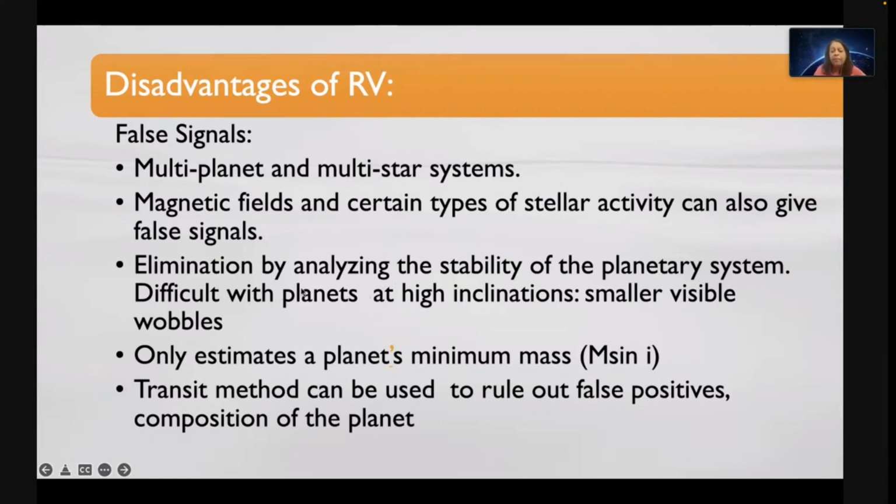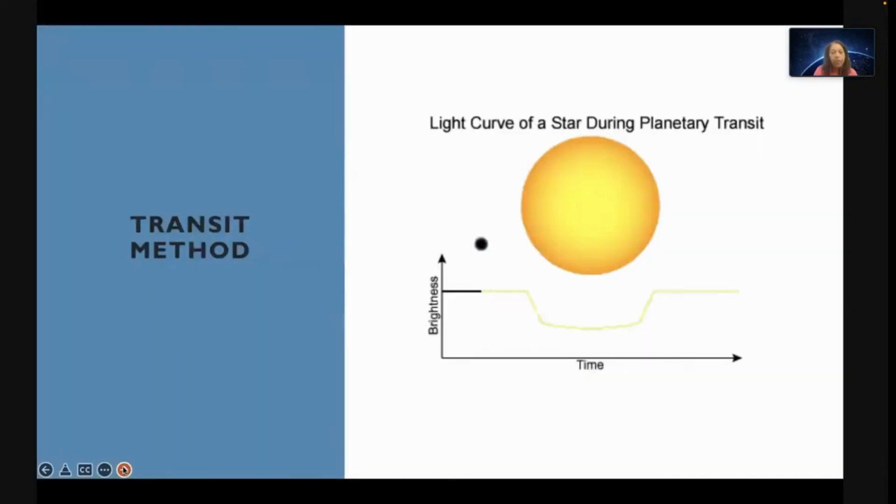And therefore, what's very important, which was even in the work done by the Geneva group, was calculating the effect which you could get from all these, multi-planet, multi-stellar, stellar activity, etc., to rule out all those false positives, and then finally attribute it to the presence of the planet that could give you the system.